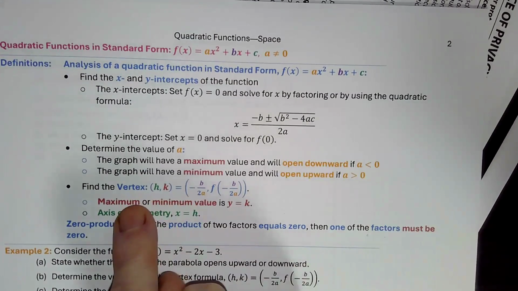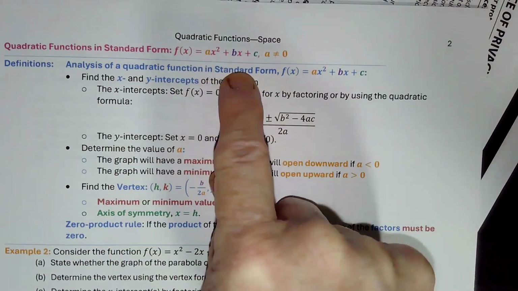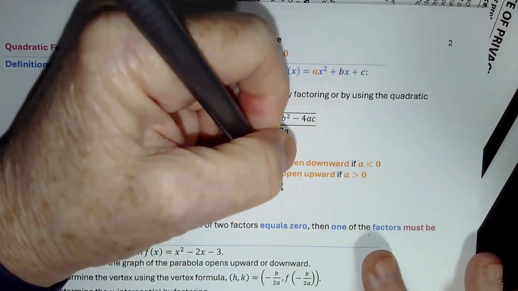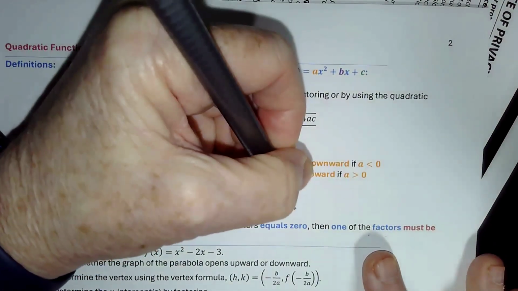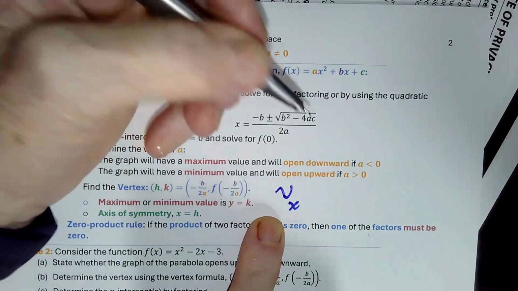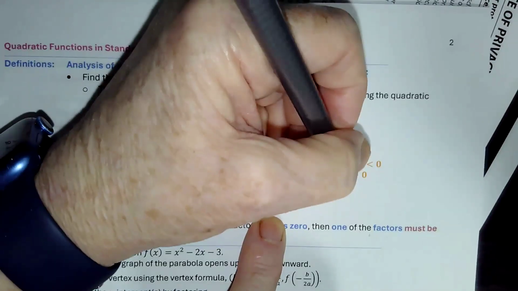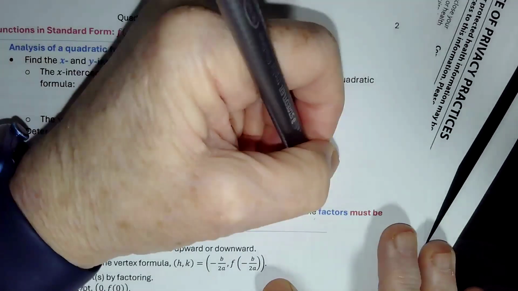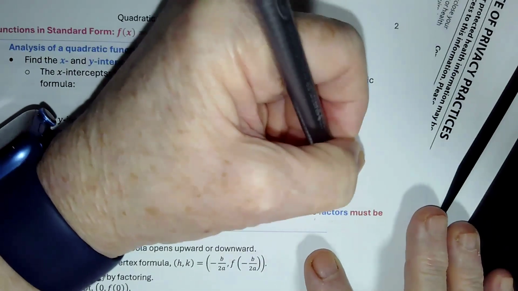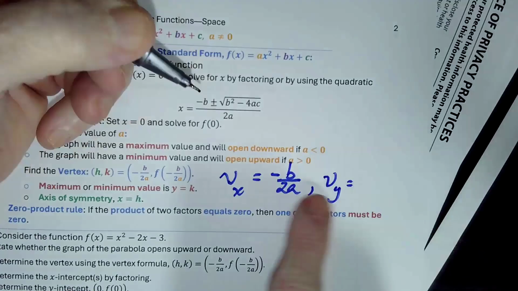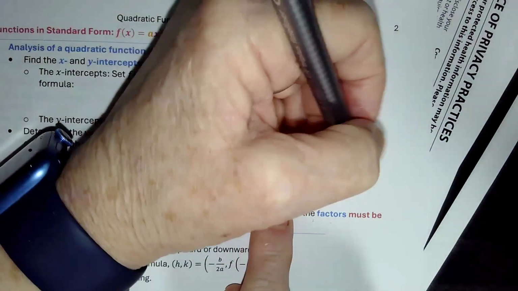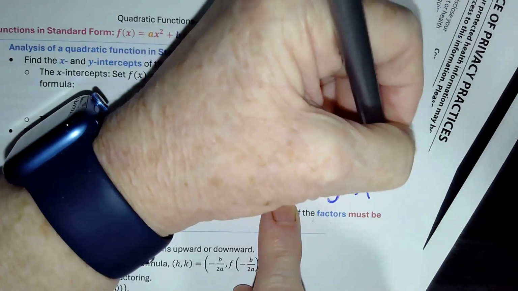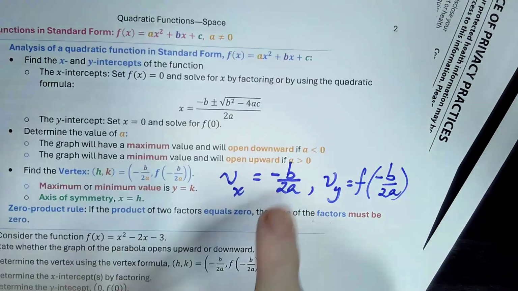To find the vertex, if we're given standard form, the x-coordinate of the vertex is negative b divided by 2a, and for the y-coordinate of the vertex, you just plug in the number that you found for the x-coordinate.